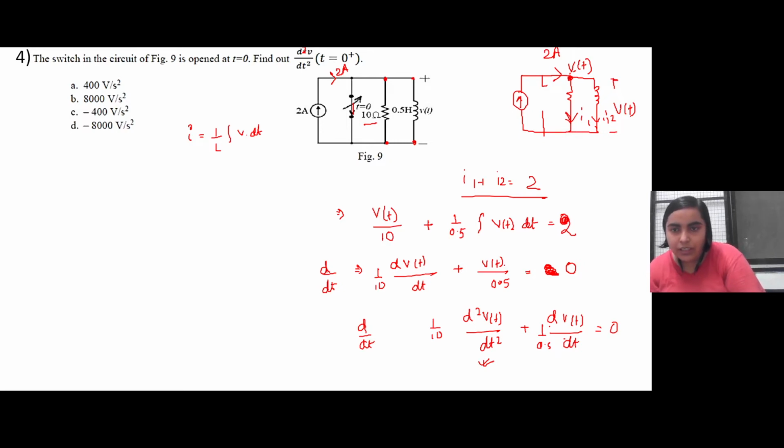Only v of t. So first let us calculate one by one. So calculating v of t at t equal to 0 plus, right?